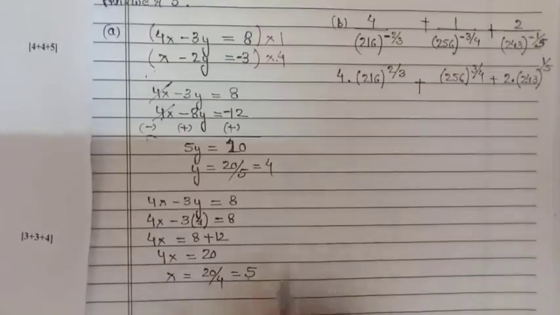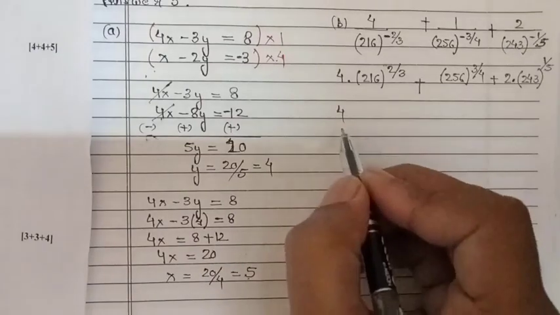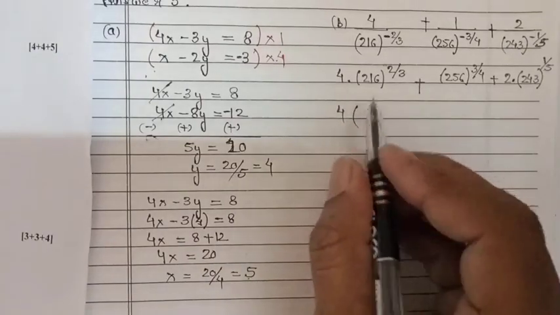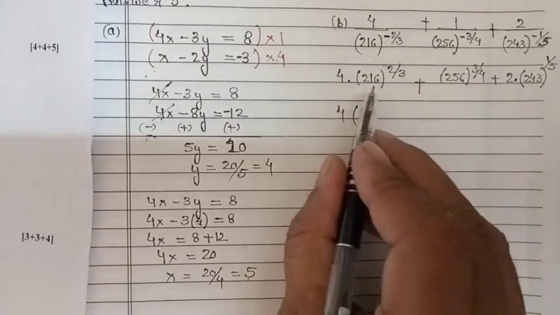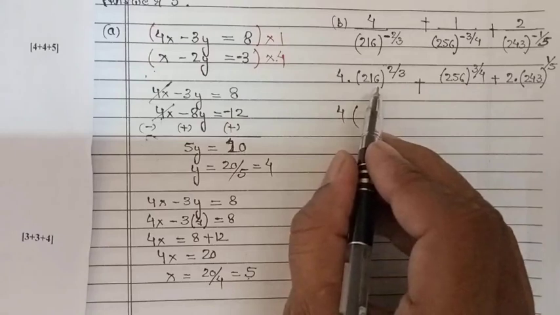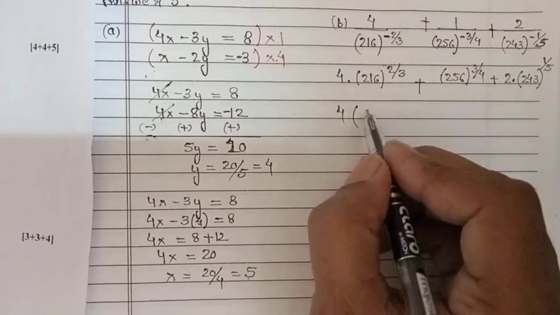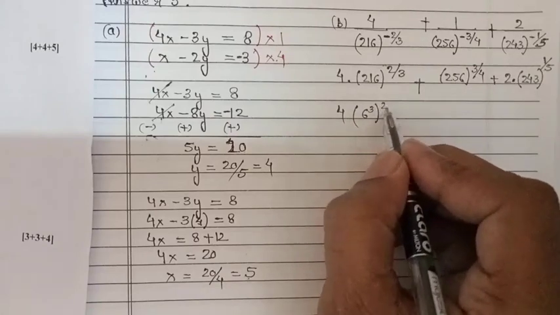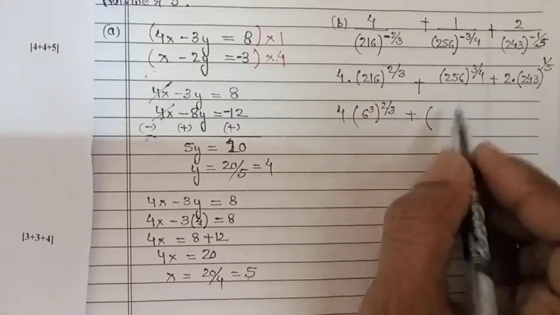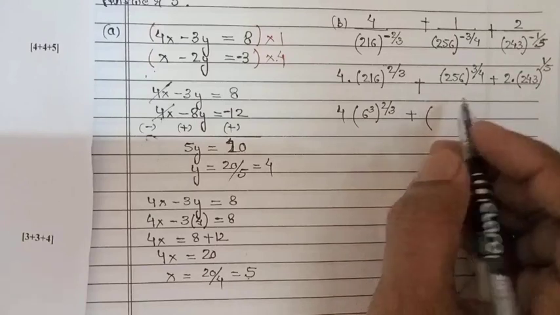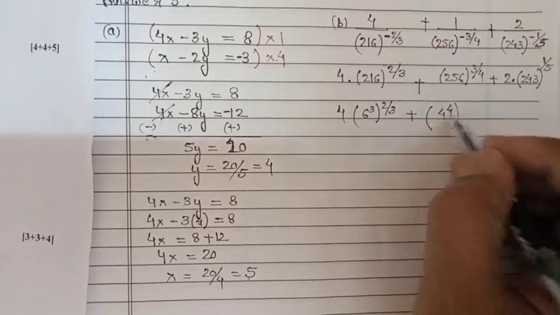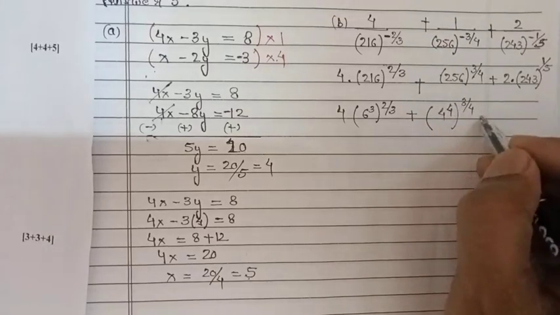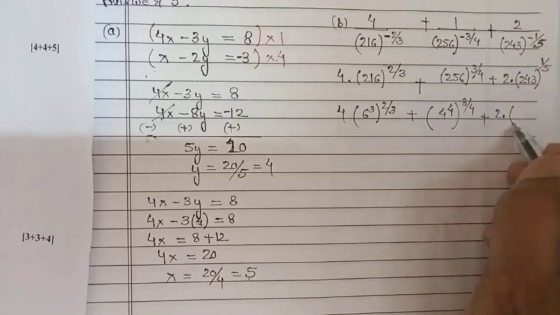Now let's convert them into prime factors. 216 can be written as 6 cube. 256 can be written as 4 raised to power of 4. 243 can be written as 3 raised to power of 5.